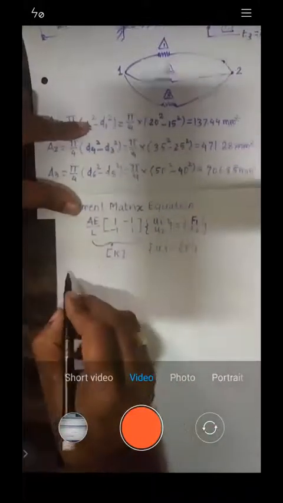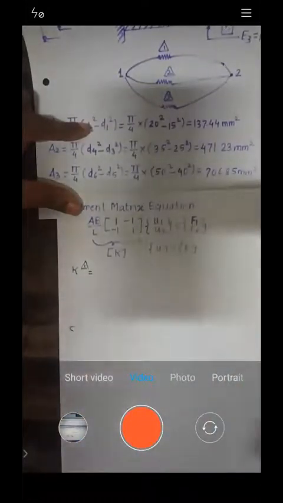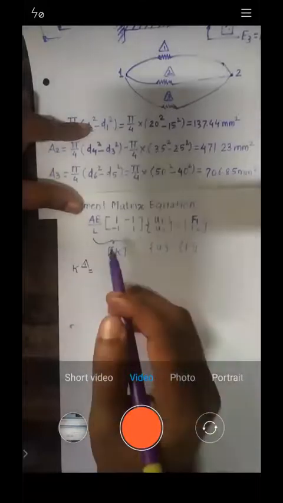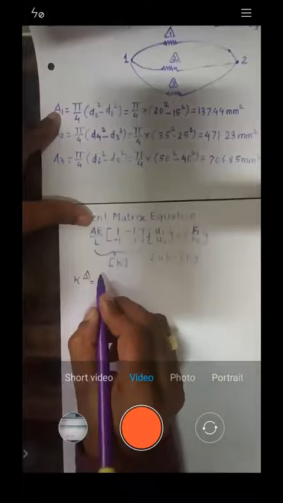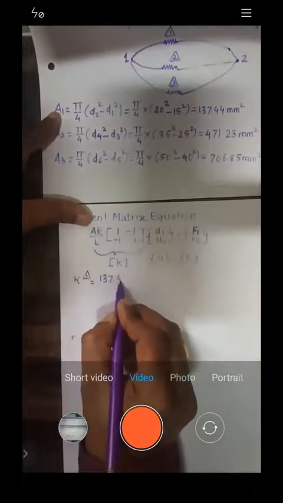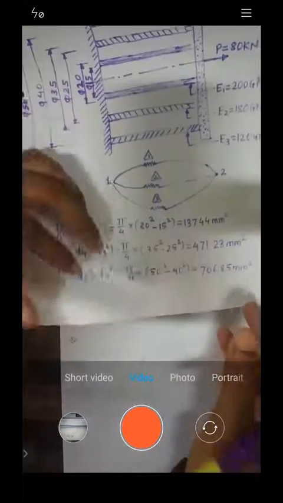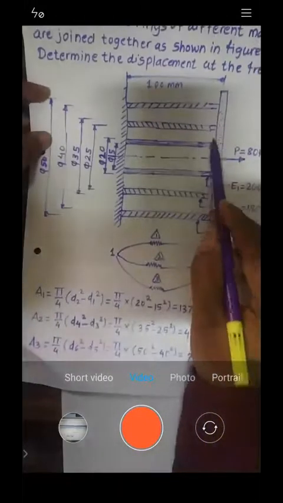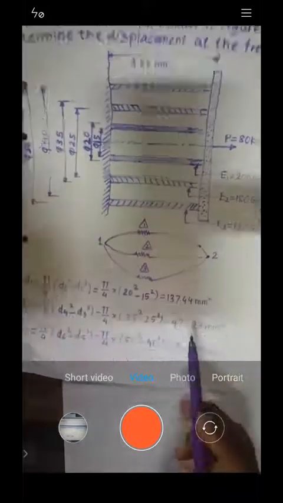Now we need to write down the stiffness matrix for element number 1. How will we calculate it? We need the area of element number 1, which is 137.44, into E of element number 1. This is the inner element, element number 1. What is E? It's 200, right?